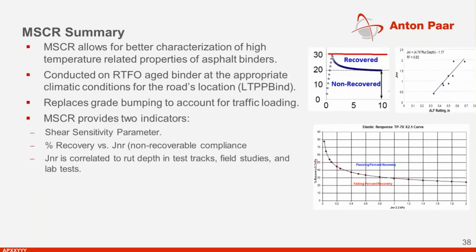So it eliminates the PG Plus test, which was designed to create the elastic response of binders, and it is providing us two parameters: the shear sensitivity parameter, which pinpoints binders that have a high chance of performing poorly at high stress levels, and the percent recovery versus the JNR, which is our non-recoverable compliance, which pinpoints binders which have effective elastomeric modification to mitigate rutting.